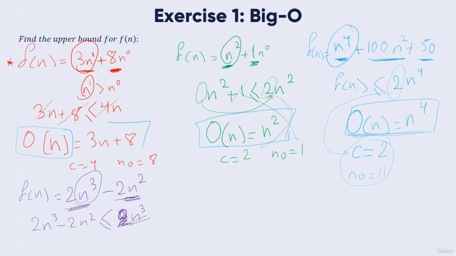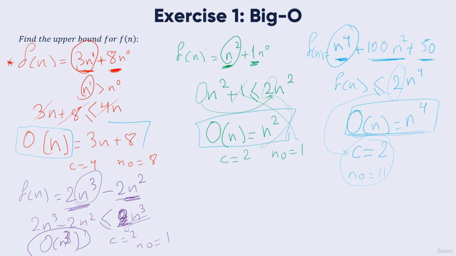We only care about the big O notation of this function. It is O of n cubed because it is the highest degree. This is the big O notation of this function, where c is equal to 2, the constant, and n0 is equal to 1.